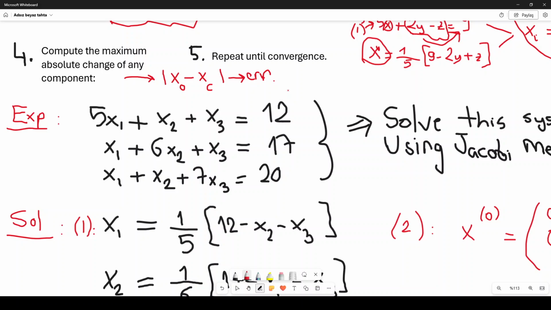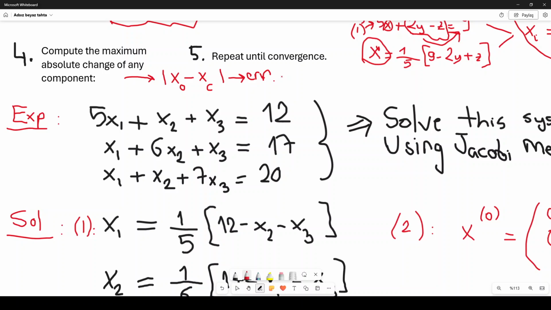But this is what an error rate or an error tolerance is, and we need to define it in a more technical and formal manner. The way to do so is to use what is known as the infinite norm. So what is an infinite norm?